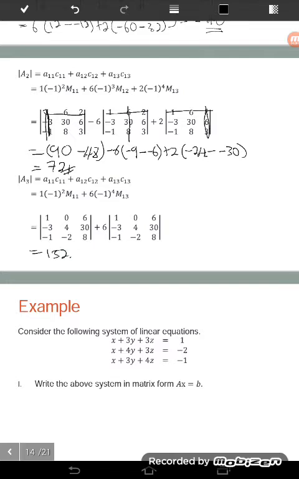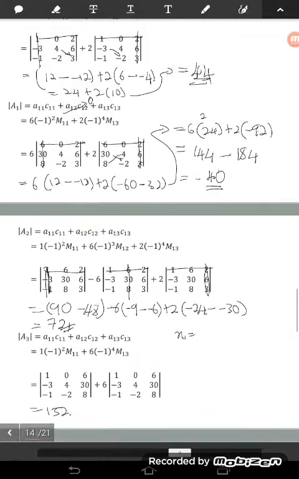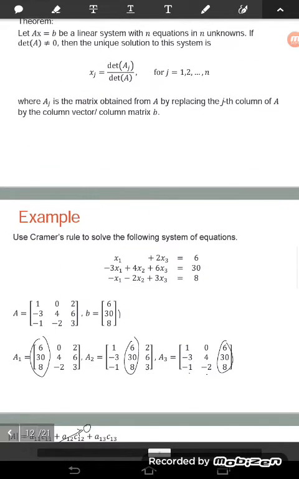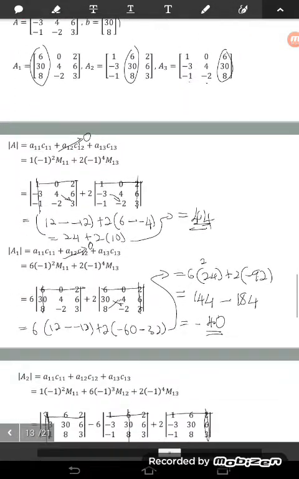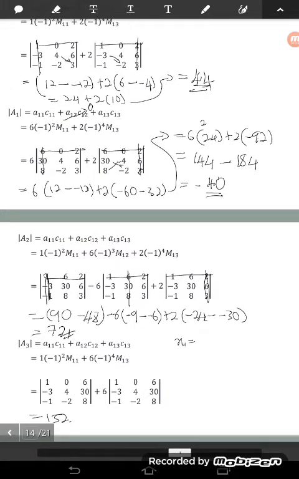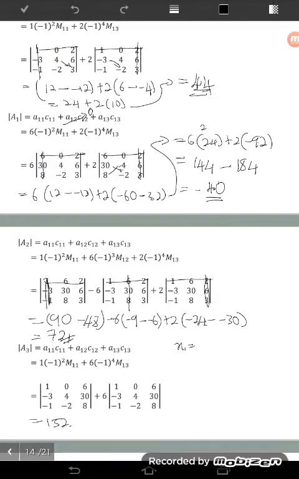Okay, so in order to find x1, x1 is the determinant of matrix A1. Look at how we found x1 earlier above: xj is the determinant of Aj divided by the determinant of A. So x1 is determinant of A1 divided by determinant of A. So determinant of A1 is negative 40 and determinant of A is 44.